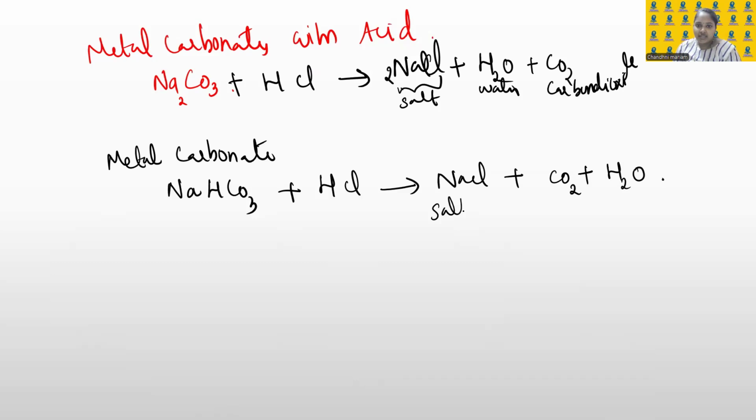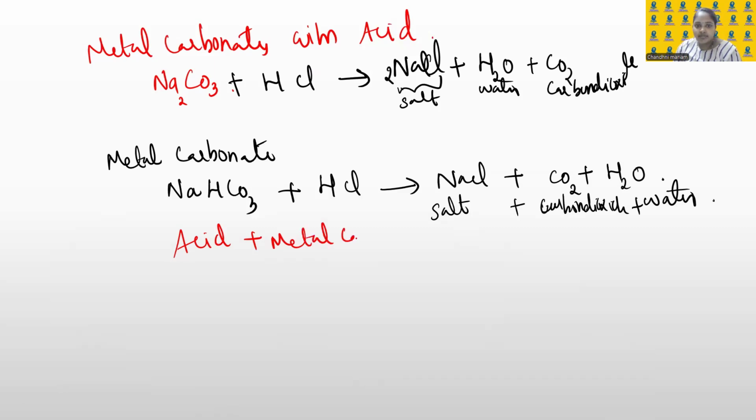Again, we are getting salt plus carbon dioxide plus water. So what can we infer from this? We can infer that whenever an acid reacts with a metal carbonate or a metal bicarbonate, the products formed are salt, carbon dioxide, and water.